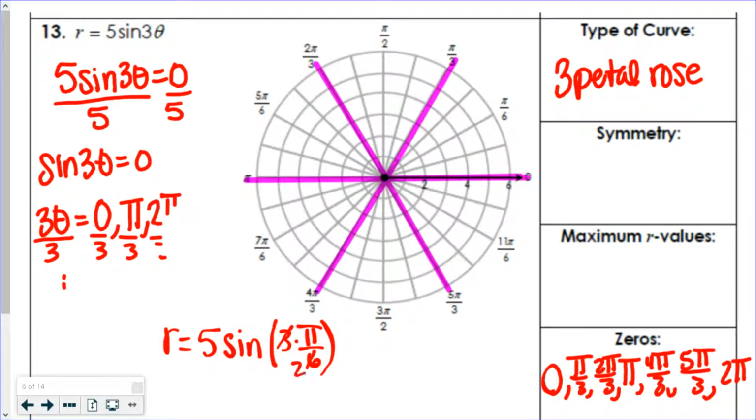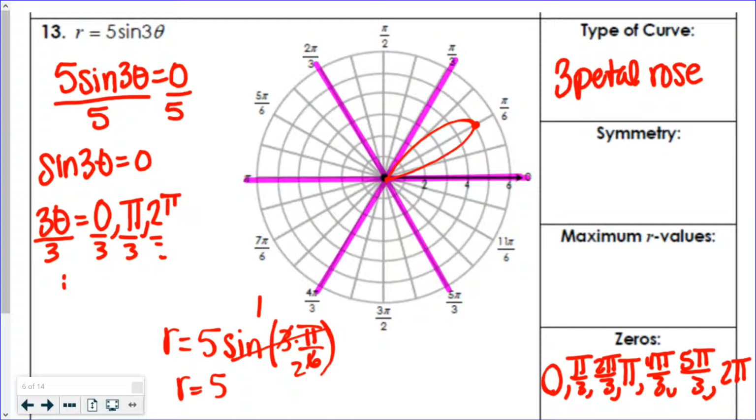That becomes pi over 2. Sine of pi over 2 would be 1. So R is equal to 5. So at pi over 6, we're out here at 1, 2, 3, 4, 5. So at 0, we started at 0, and then we went out at pi over 6, and then we're going to go back to 0 at pi over 3.